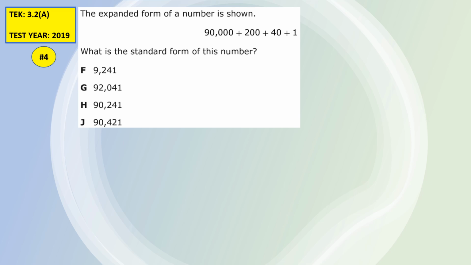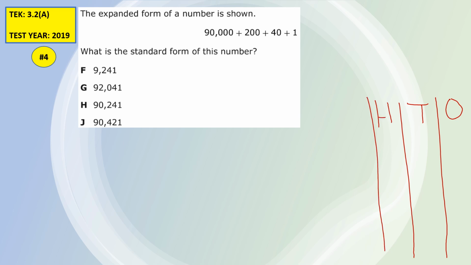So the best way to do this is by using a place value chart. So you should have a ones place, a tens place, a hundreds place, a thousands place, and a 10,000s place.